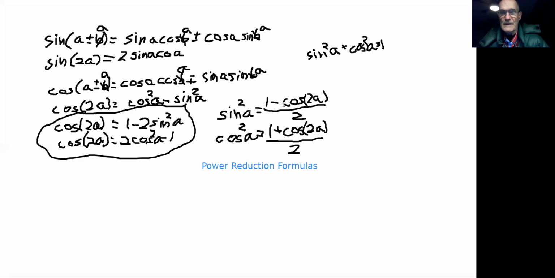Now, if you look at these here, the half angle formulas, all we do with the half angle formulas is we take the square root of both sides of this.